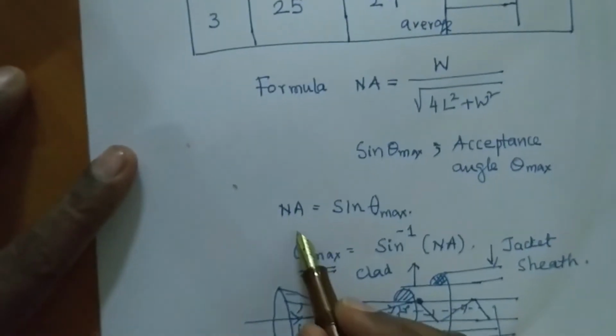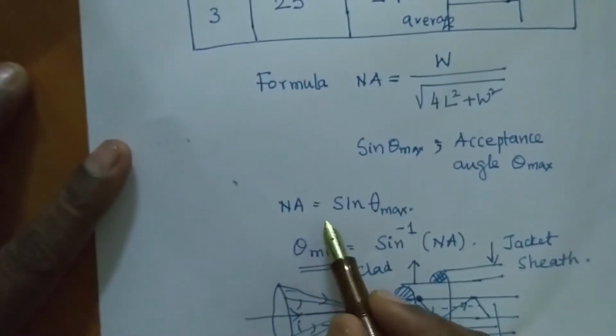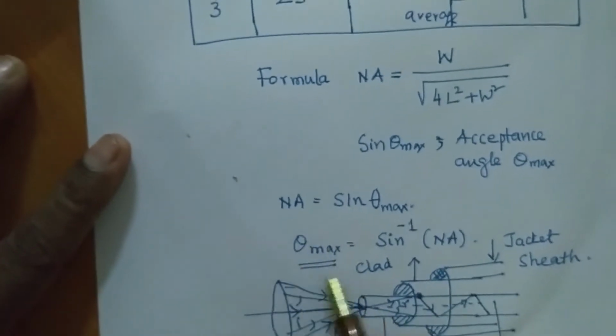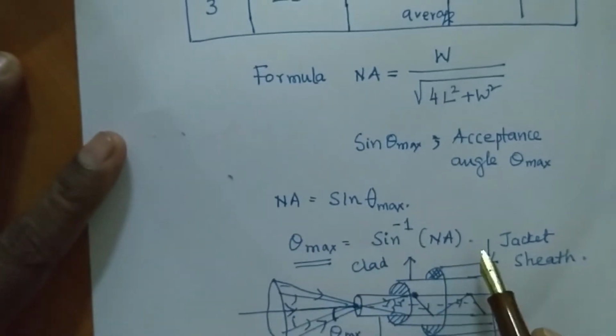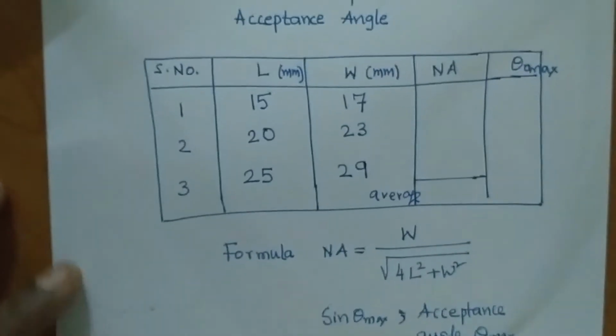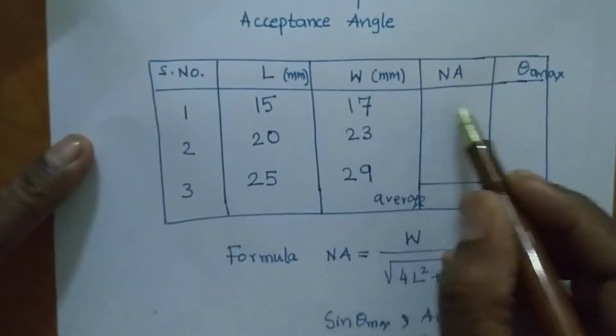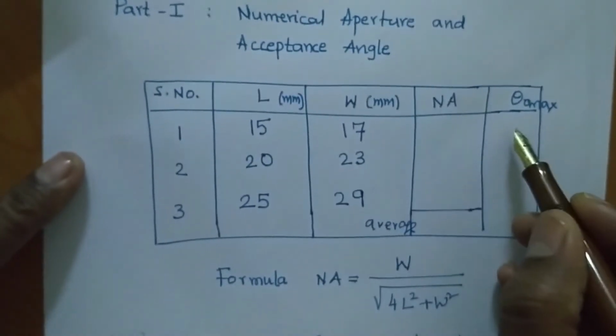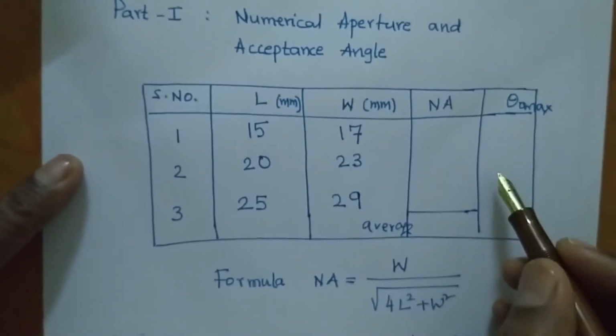Similarly, use this equation: numerical aperture is equal to sine theta maximum, so the acceptance angle is equal to sine inverse of the numerical aperture. Once I get the values, I take the sine inverse of each value. Likewise, I will get three values.